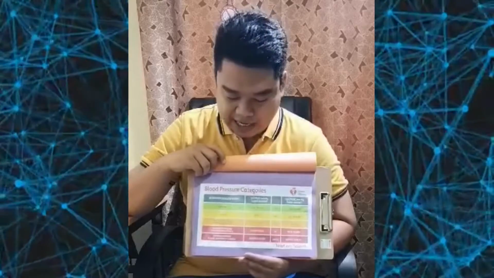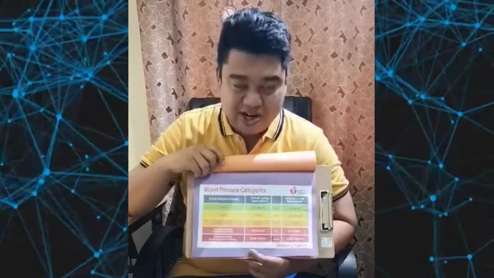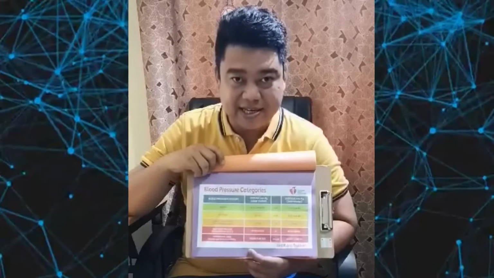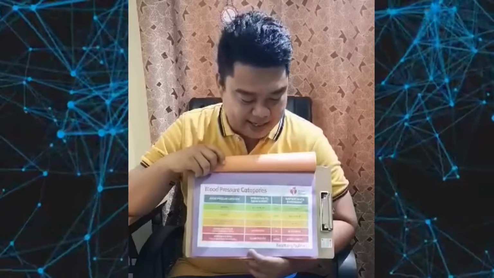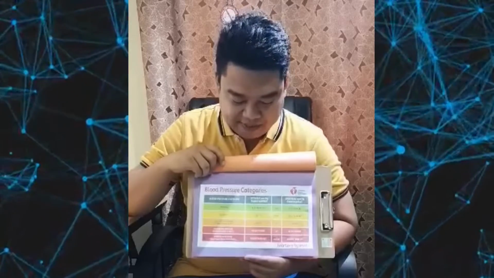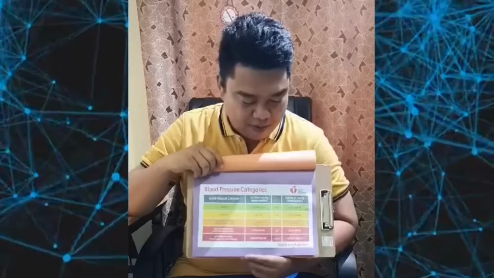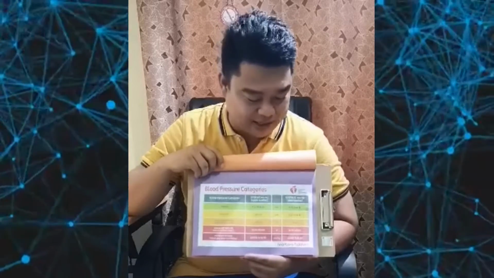Okay? And a BP that is stage 1 hypertension is a systolic BP of 130 to 139, and the diastolic BP is 80 to 89. And for stage 2 hypertension, your patient might manifest a BP of 140 or higher with a diastolic BP of 90 or higher.